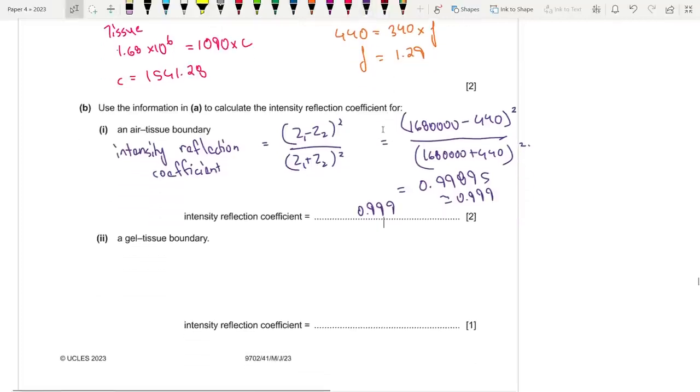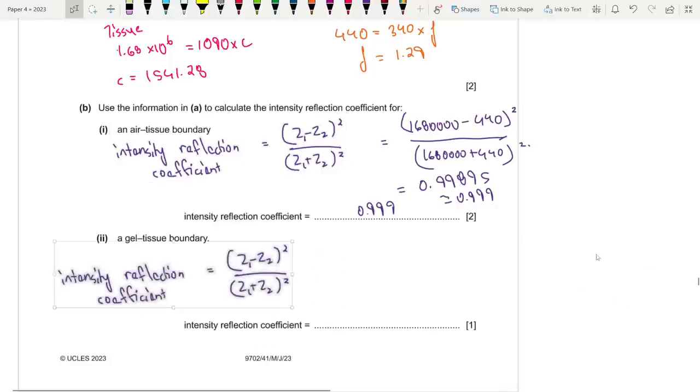And for the gel tissue boundary, we can just repeat the same thing. It's just that their values are actually the same, right? It is 1,680,000 minus 1,680,000. I missed a zero over here.